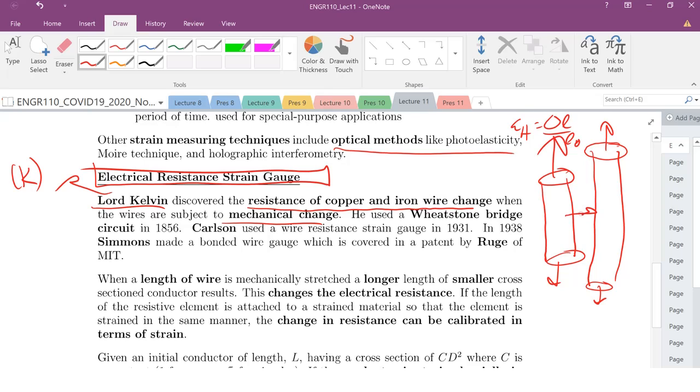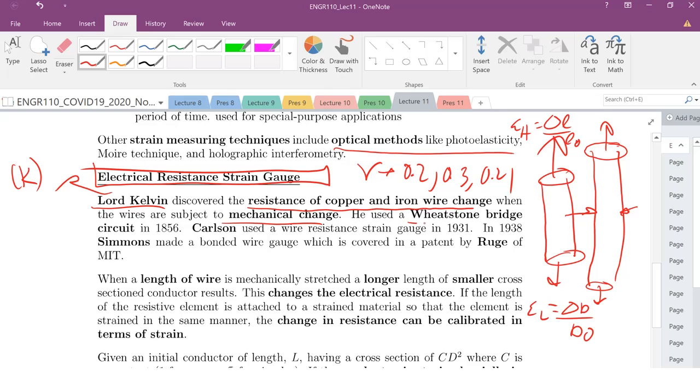There's also going to be some compression laterally, and that's going to be some change in the diameter of this wire, change in diameter over diameter naught. We know that lateral contraction is related to our property Poisson's ratio, which is, remember, 0.2 for ceramics, 0.3 for metals, 0.4 for polymers or biomaterials.